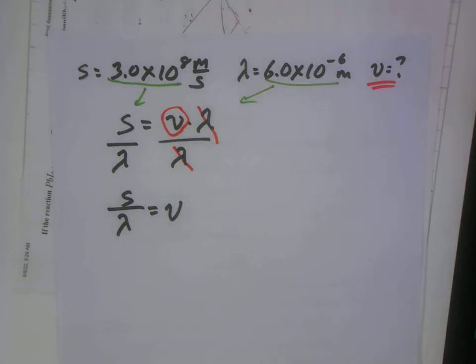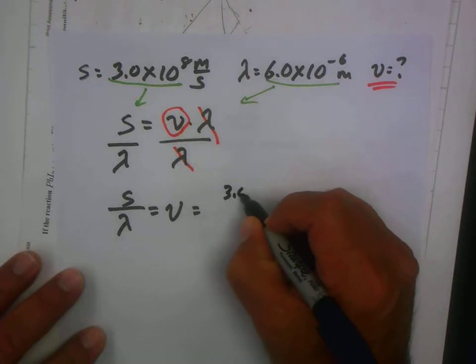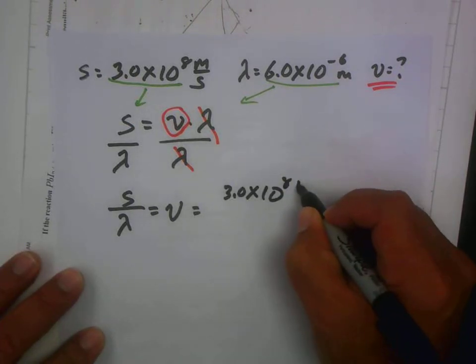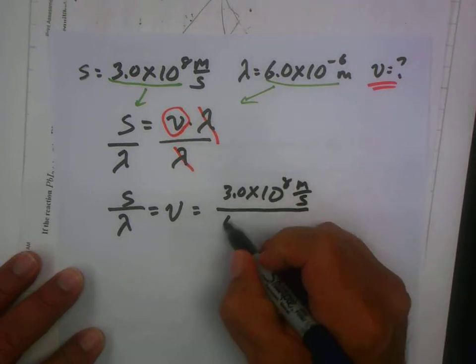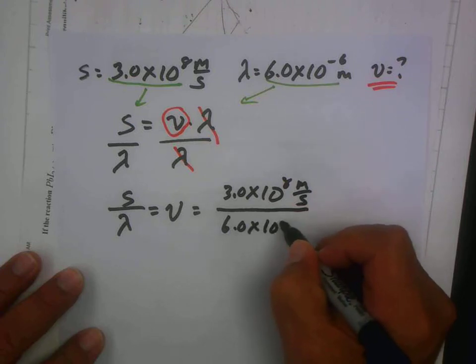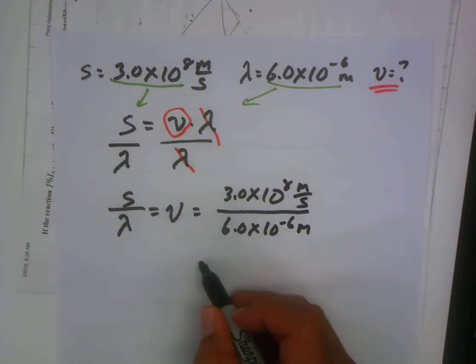Whenever you're looking for frequency, you can just plug it into this equation. So take the speed first, 3.0 times 10 to the 8th meters per second, and divide by the wavelength, which is 6.0 times 10 to the minus 6 meters. That's going to give us our frequency.